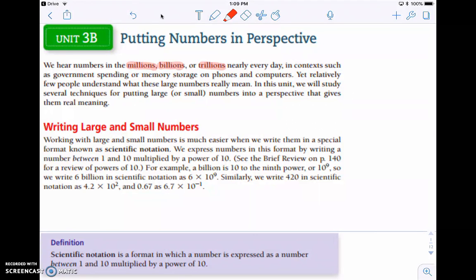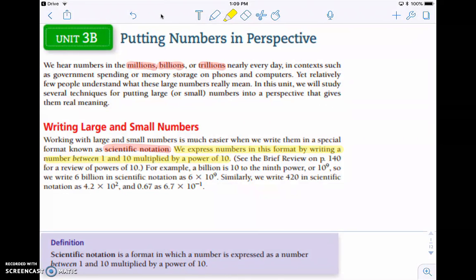Working with large and small numbers is much easier when we have a special format, and that format is called scientific notation. The key idea is we express each number in this form, by writing a number between 1 and 10 multiplied by a power of 10.